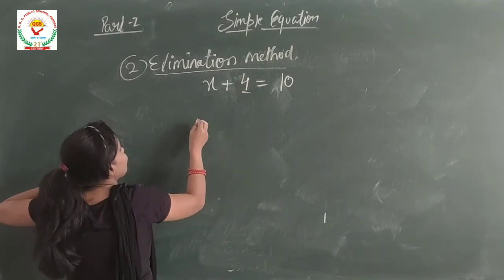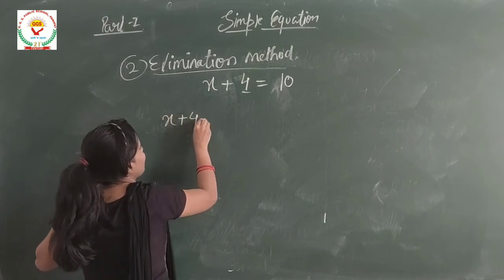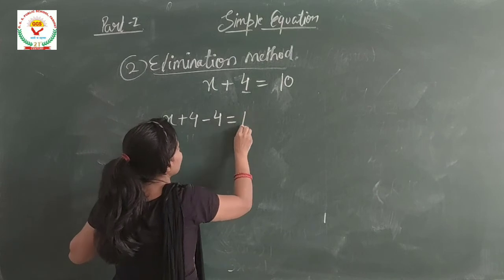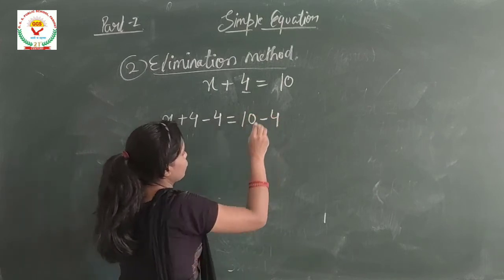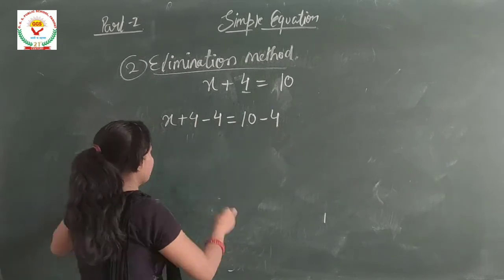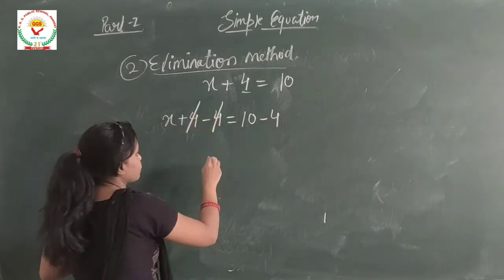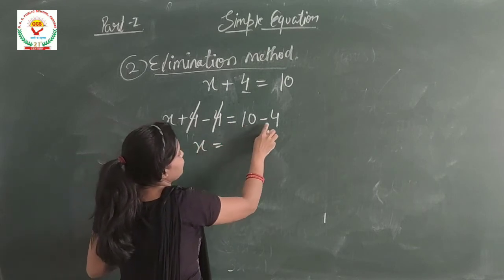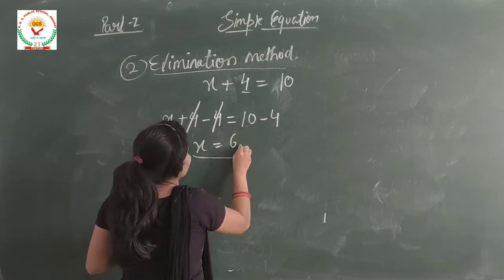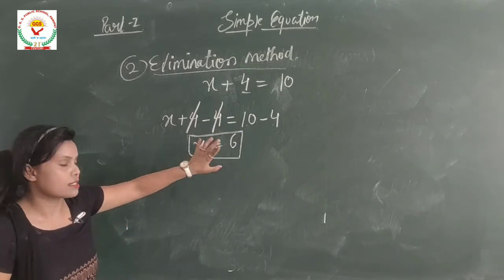So we will take x plus 4 minus 4 is equal to 10 minus 4. We are removing 4 from both sides. So 4 and 4 cancel out. x is equal to 10 minus 4, which is 6. So from here we get that the value of x is 6.